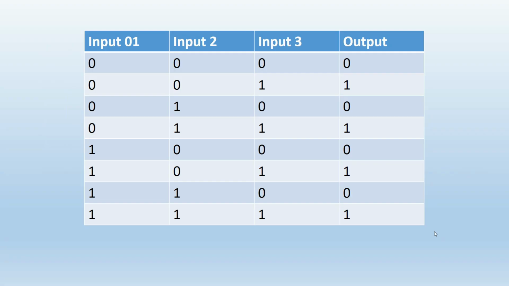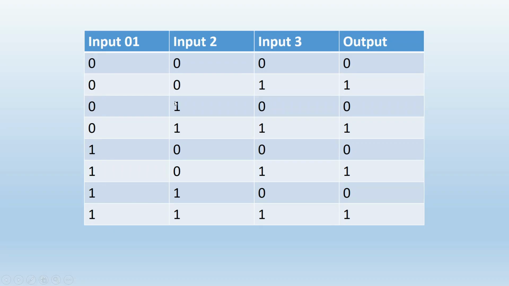So let's fill the input columns first. Here there are 3 inputs, so there's a pattern. There are 8 instances. If you use this pattern, you will never miss any situation. In the first column, you have to start with 4 zeros, after that 4 ones.